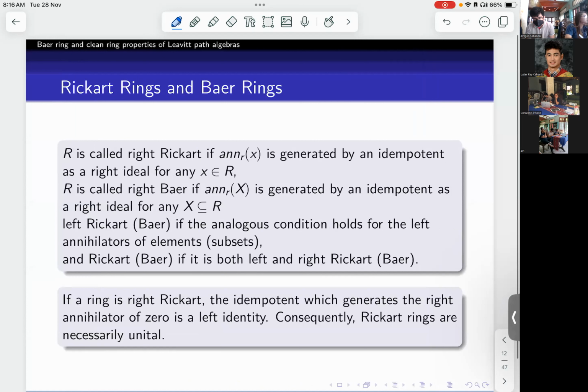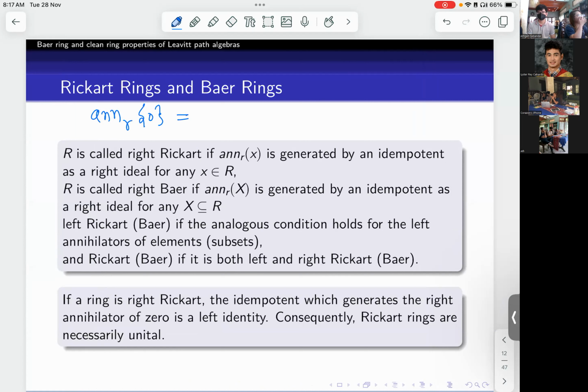Now see this. If a ring is right Rickart, then an idempotent will generate the right annihilator of 0. What would this be?